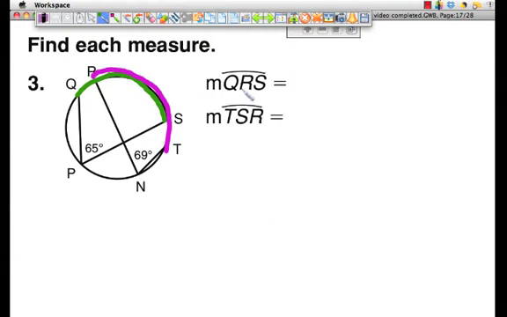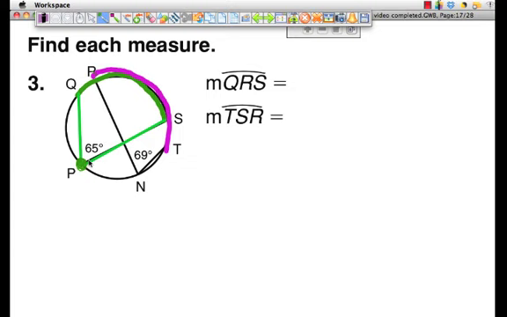From Q to R to S, that's this one right here, we are trying to find the arc. Well, the angle that comes from the arc goes to the P. You start at the endpoints of the arc and you go to the angle. It's from Q to P and S to P. This angle is right on the circle, so we know that the angle will be half of the intercepted arc.